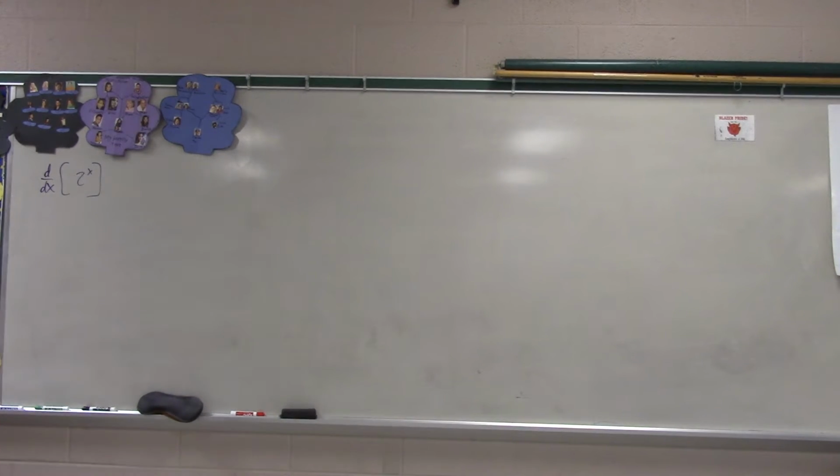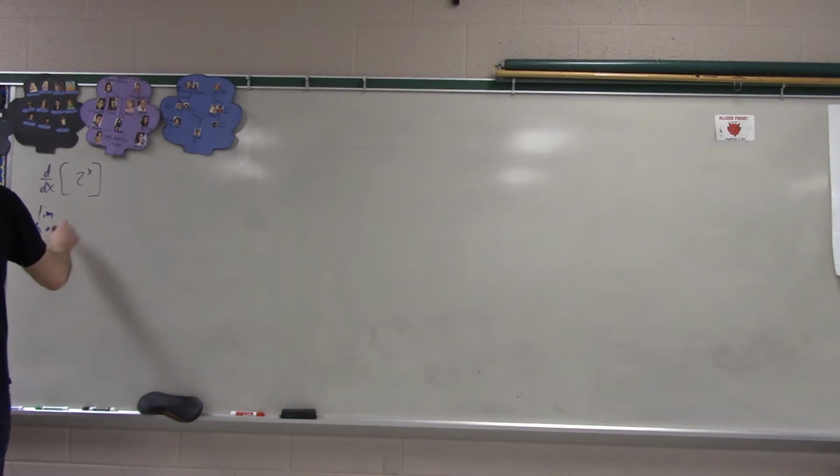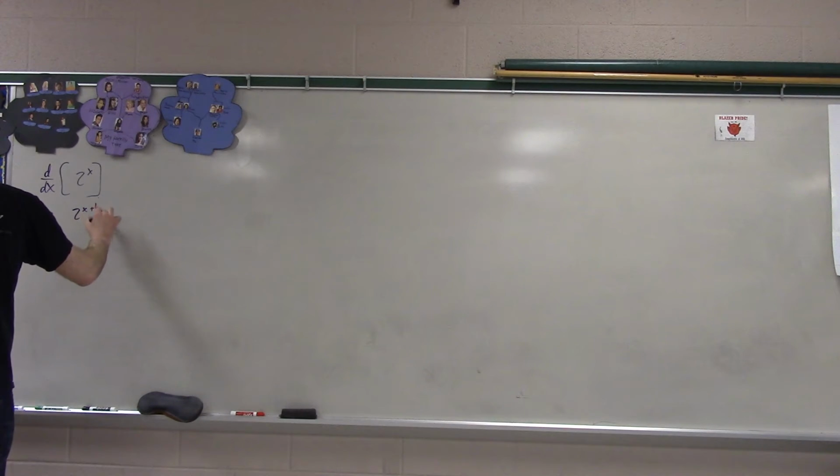And you will recall from a previous video or a previous class that when we tried to do this on the same day that we came up with the derivative of e to the x, we tried to differentiate this function, and we got that this is the limit as h goes to 0 of 2 to the x plus h minus 2 to the x all over h.